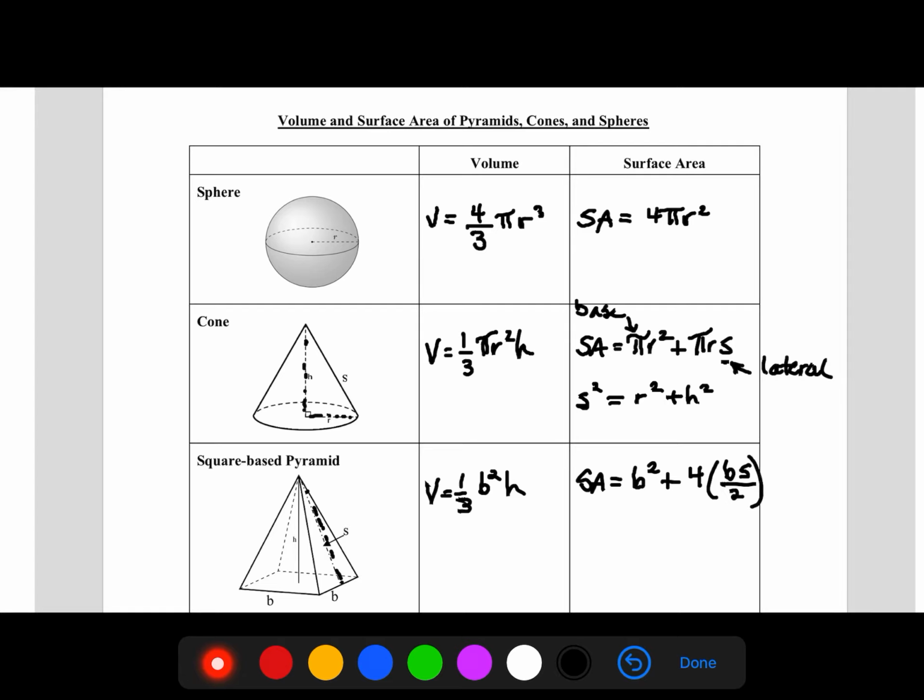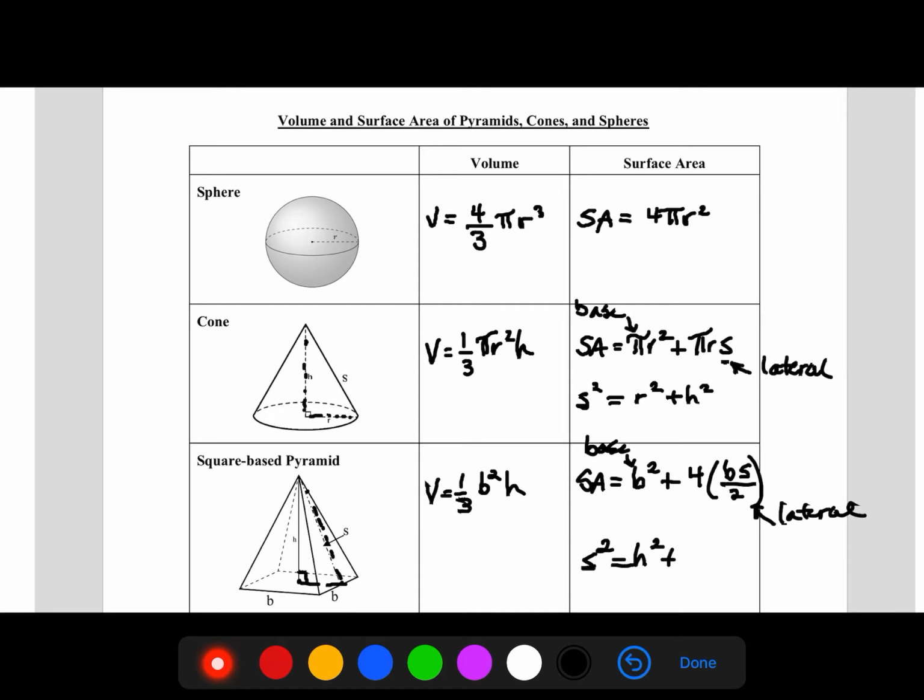We know base times height divided by 2, but the height of our triangle in this case is actually the slant. So 4 of those, and we're going to take our base times our slant divided by 2 for our 4 triangles. So again, this is our lateral surface area, and this is our base.